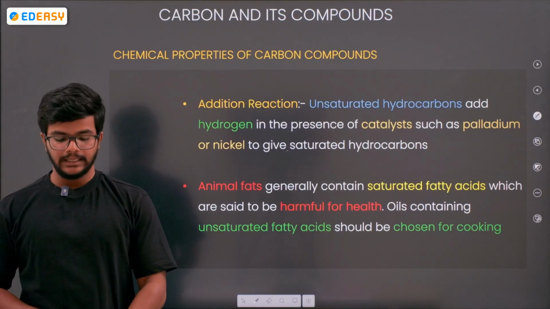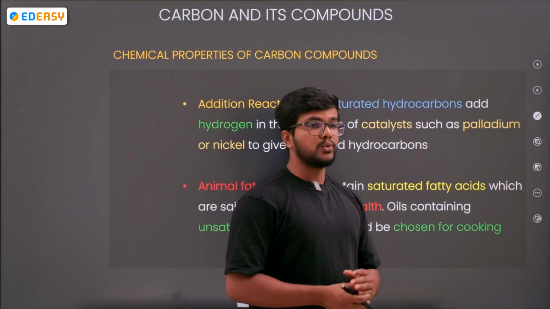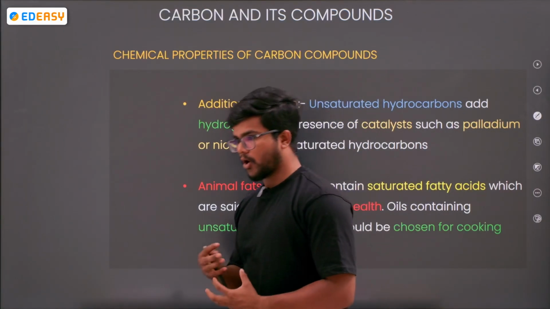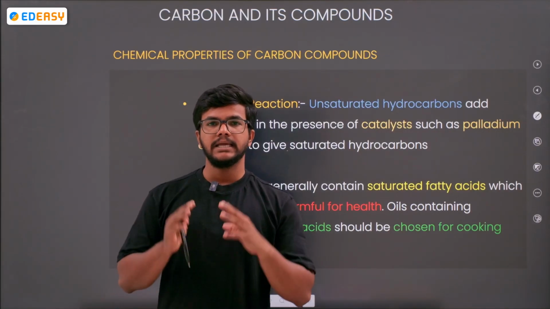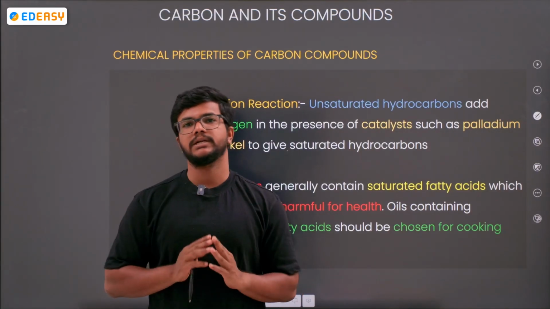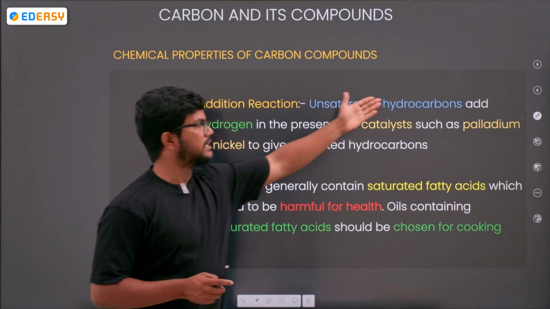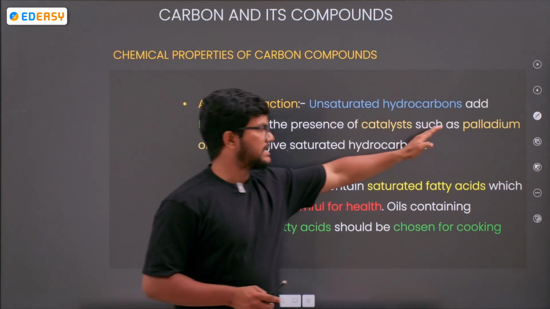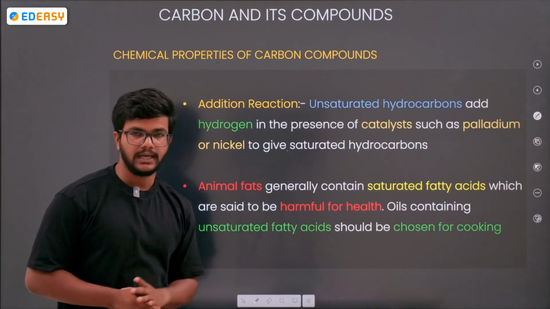So next is addition reaction. What is addition reaction? Which type of compounds undergo addition reaction? Addition reaction is only possible in unsaturated hydrocarbons. In addition reaction, unsaturated hydrocarbons add hydrogen in the presence of catalysts such as palladium or nickel to give saturated hydrocarbons.